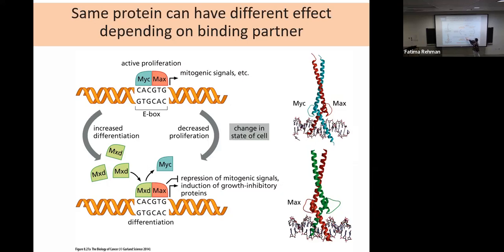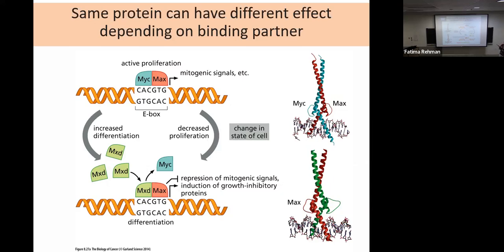When it binds to MXD, it inhibits MYC from binding to it. For active proliferation, you usually see there is no MXD around in those cells. MXD is going to be specific for differentiation itself.